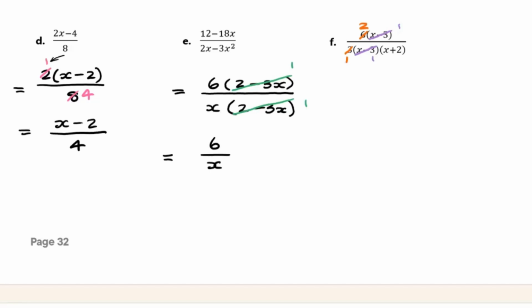Can't do anything about that x plus 2 in brackets, so that's just going to remain there. So this becomes, on the numerator, all we had was this 2 in the end. So we've got 2, and in the denominator, we had 1 times x plus 2. That x plus 2 we could write here. Don't need the bracket anymore because it's just 1 in front of that bracket. 1 times x plus 2 in brackets is just x plus 2.